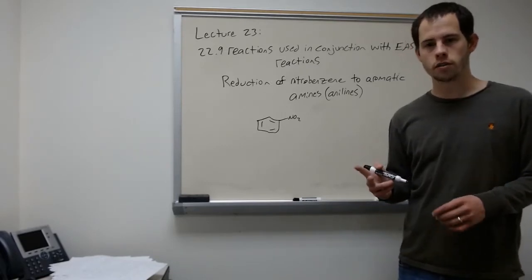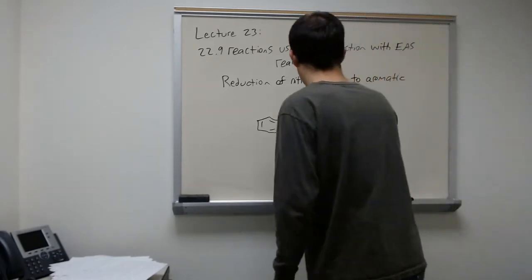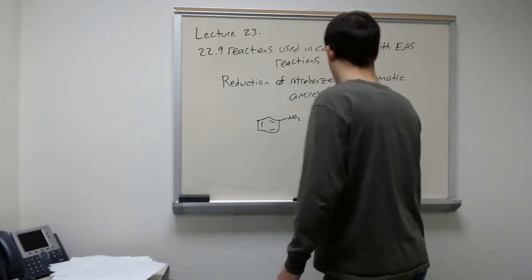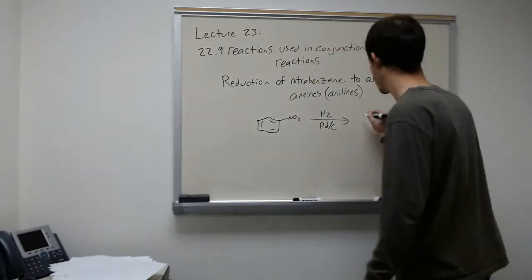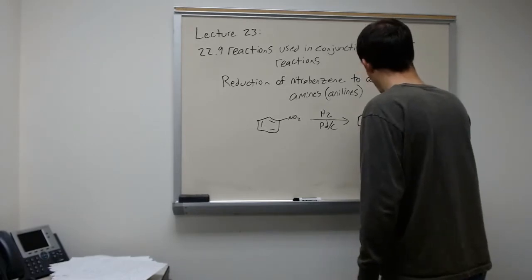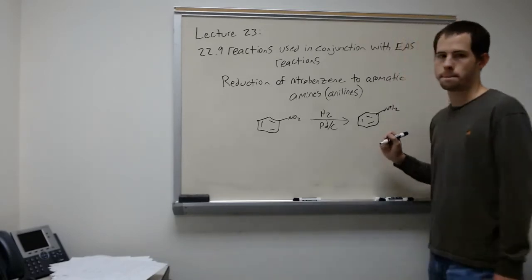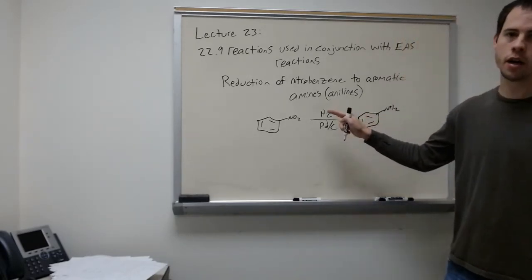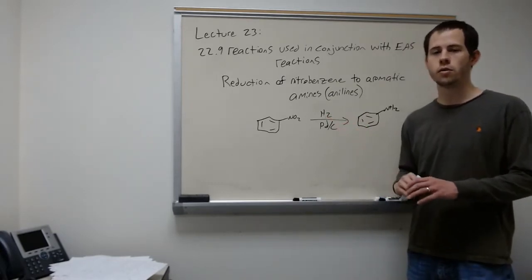There are 2 different reactions we can use to do this, and the first one is using hydrogenation. So H2 with palladium on carbon, and this reduces this to the aniline. And so now we have our amine.